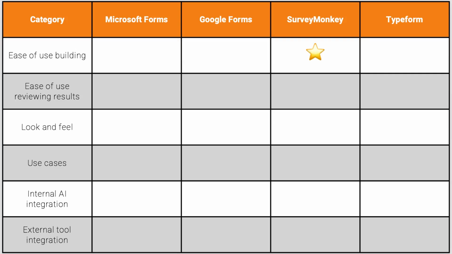Remembering back to when I first used SurveyMonkey versus when I first used Typeform, SurveyMonkey was more intuitive for me. Not by a whole heck of a lot, but for that reason, SurveyMonkey gets the gold star in the ease of use while building category.